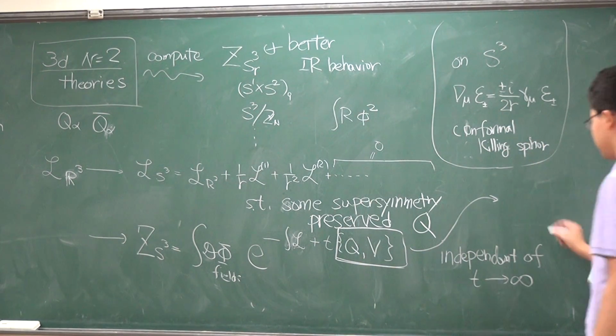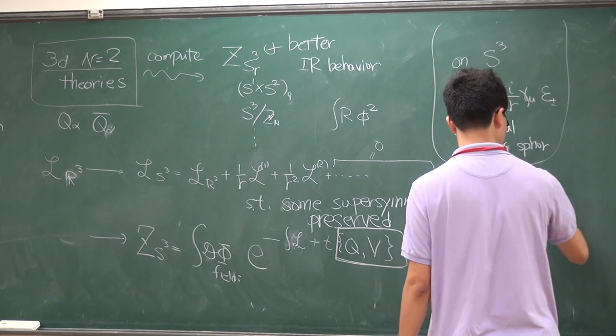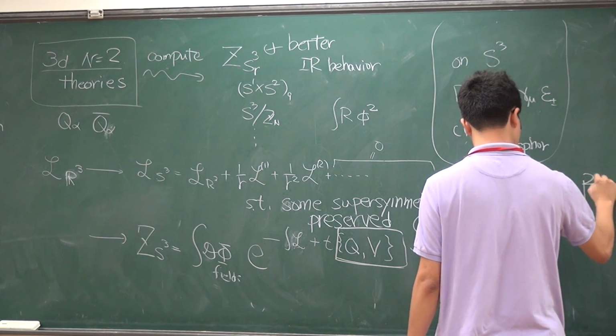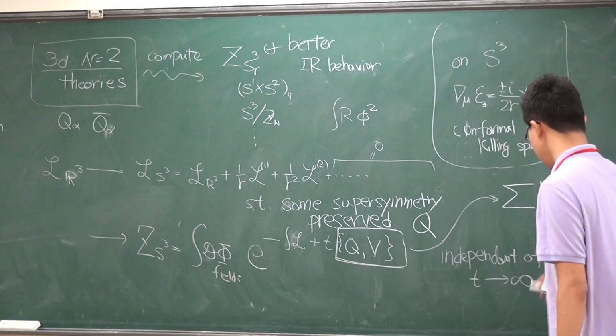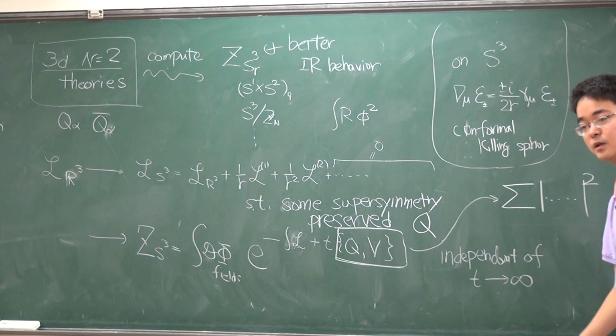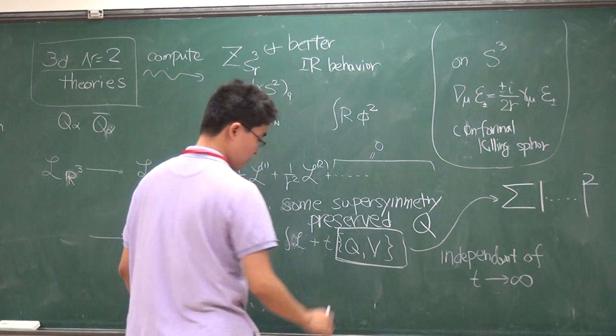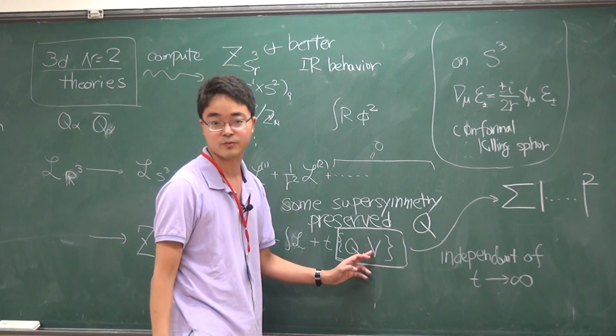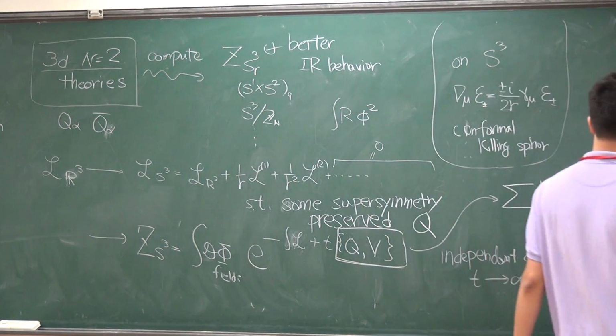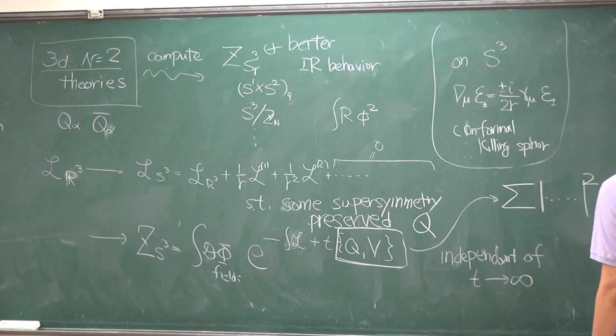is a sum of absolute value squared. There are some expressions inside. And it's not too hard to imagine, for example, what this V should be. Well, to give you a flavor, V could be trace of Q lambda, say Q lambda bar lambda, for example.